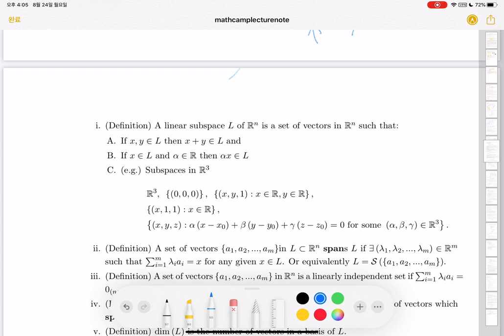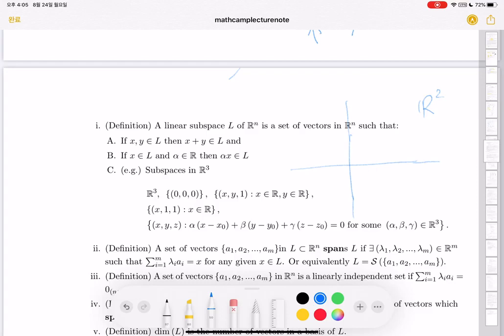Now consider a two-dimensional Euclidean space, which means the two-dimensional Cartesian product of R's. So this is your R2.